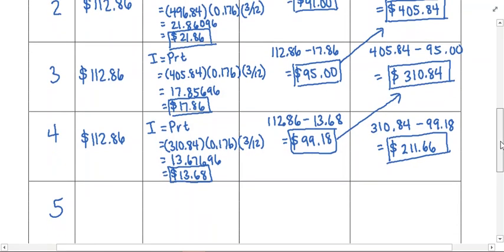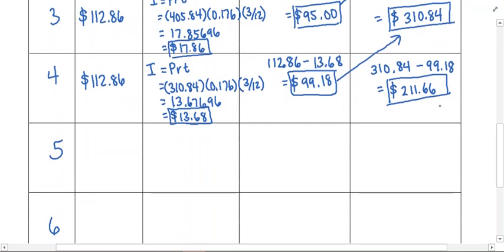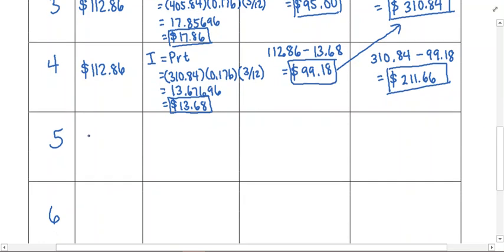All right, almost there, 2 more payments. You have to wait another quarter, another 3 months, before you make another payment. So when payment number 5 rolls around, you're going to pay $112.86. You need to first pay off the interest, so we need to see how much interest has accumulated during that last quarter.